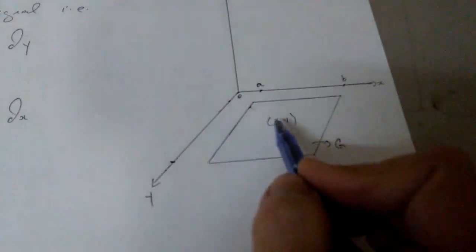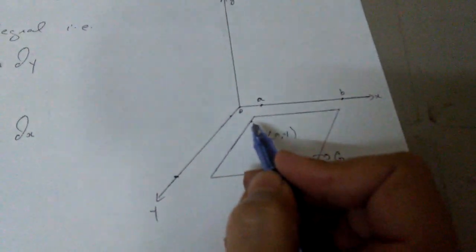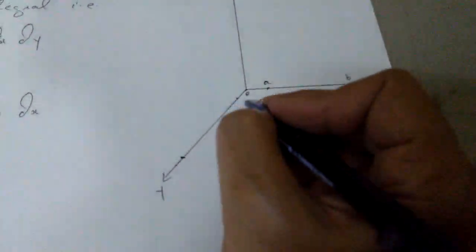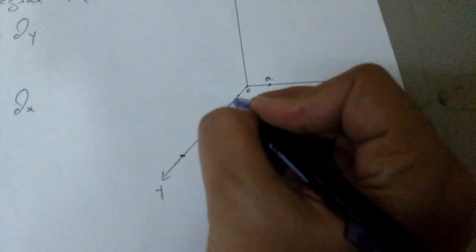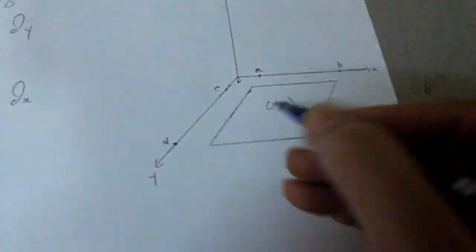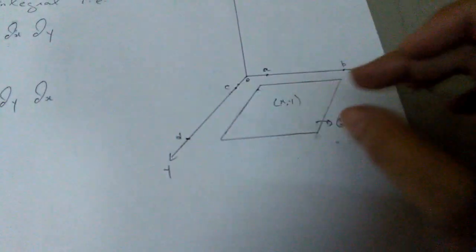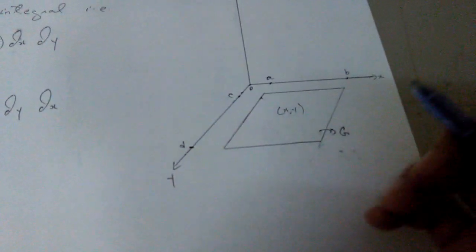And the y coordinates of all the points lying on this plane are restricted by c and d. This is the point c, this is the point d, and this region is entirely restricted by them.